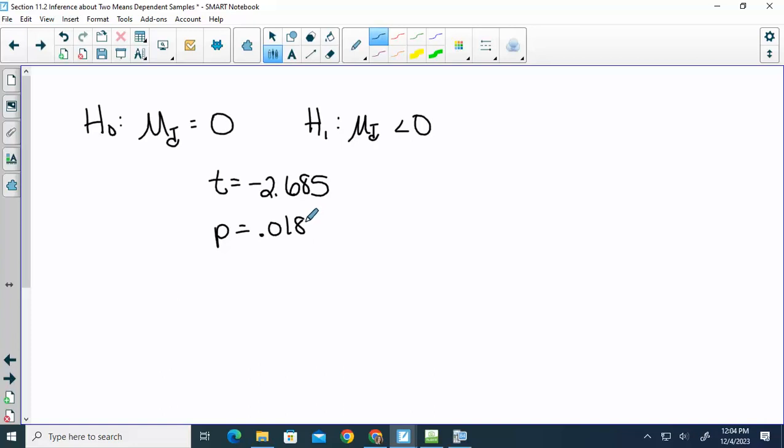We're checking if the car was higher at the 0.05 level. So alpha is 0.05. So what does this tell me?